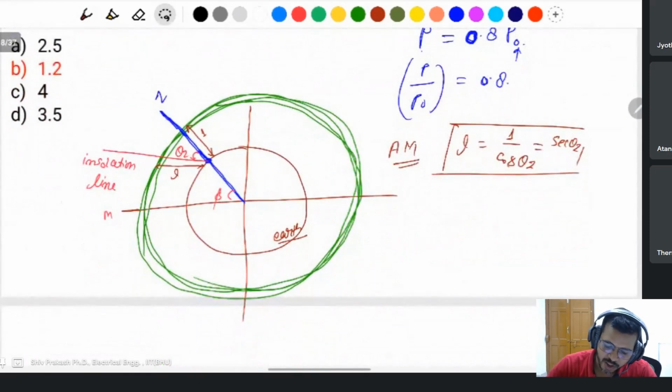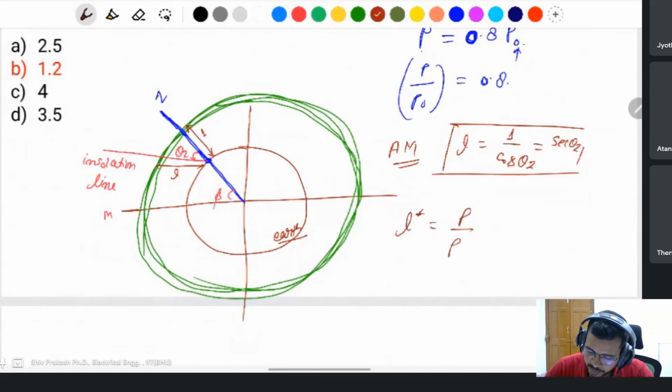At different atmospheric pressure, the length will be affected by the pressure also. This will be the standard pressure at atmospheric pressure, P naught, and this will be the ambient pressure P where you place the solar panel.